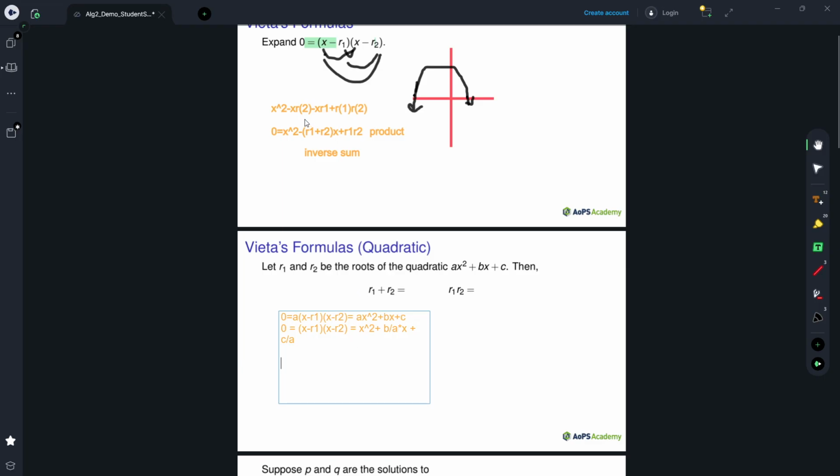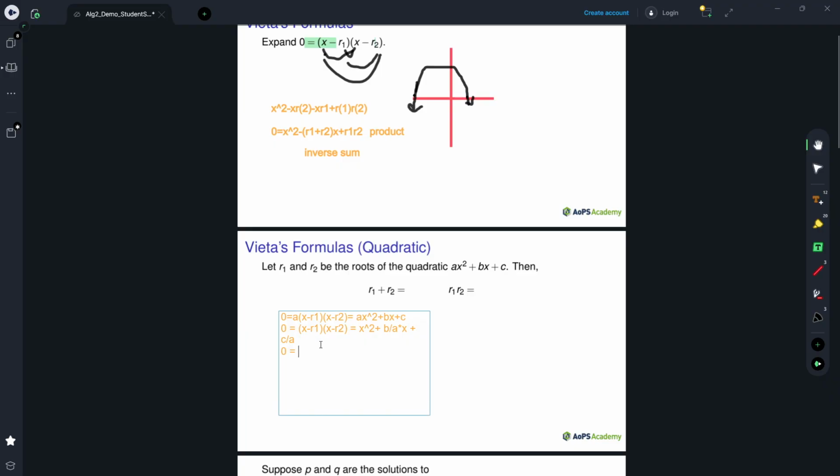Next thing we're going to do is replace this over here with this, because these are the same, right? x minus r1, x minus r2 is the same as up here. So we're just going to rewrite that.